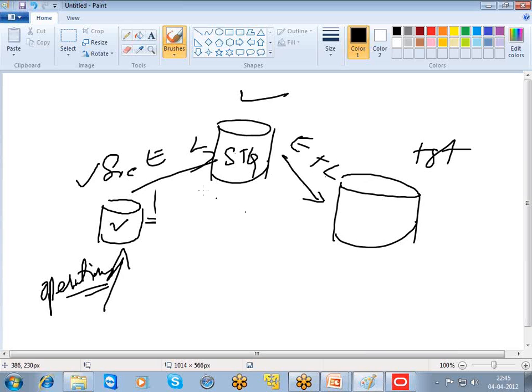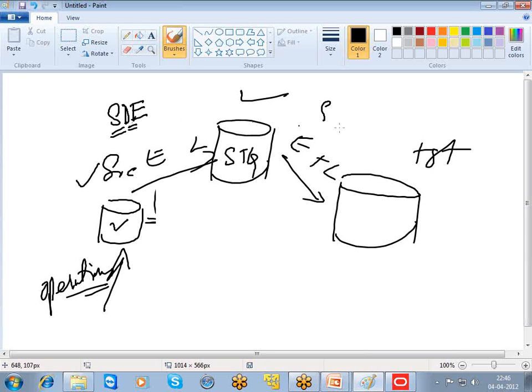Here we have two concepts. One is source dependent extract: to extract the data from the source, we depend upon the source and load it to the staging.